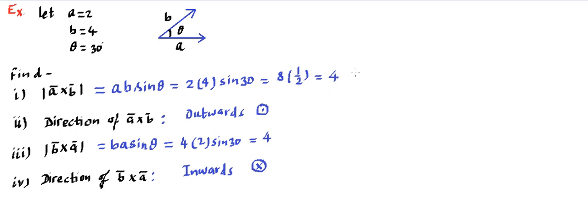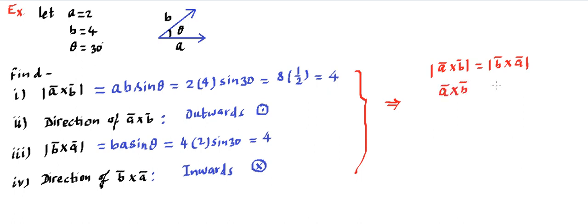And if you have understood how we are able to write this direction, then our purpose of finding out the direction is over. So from here, there are some conclusions that we can make. These two conclusions are: the magnitude of A cross B will always be equal to the magnitude of B cross A. So this is one of the conclusions that we can draw for any two vectors A and B. Another thing that we can conclude is that the A cross B direction is not equal to the B cross A direction.